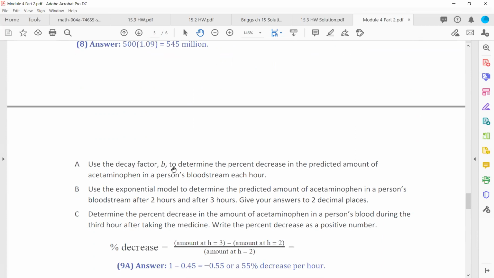Use the decay factor B to determine the percent decrease in the predicted amount of acetaminophen in a person's bloodstream each hour. Use the exponential model to determine the predicted amount of acetaminophen in a person's bloodstream after 2 hours and after 3 hours. Give your answers to 2 decimal places and finally find the percent decrease.